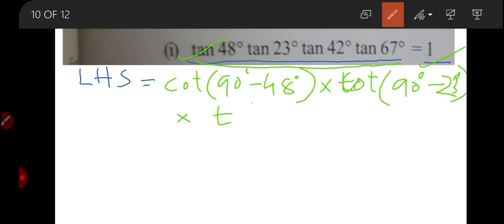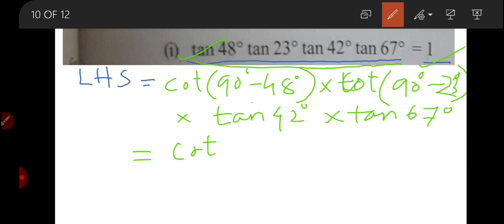Keep it same: tan 42 degree and tan 67 degree.